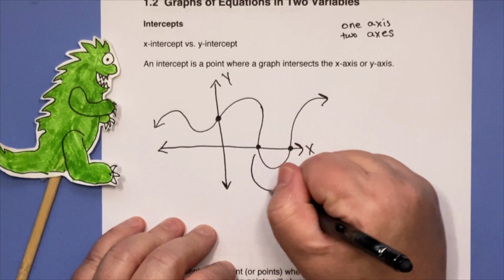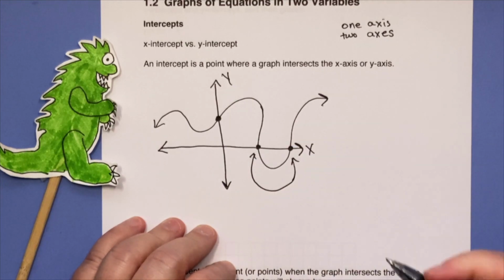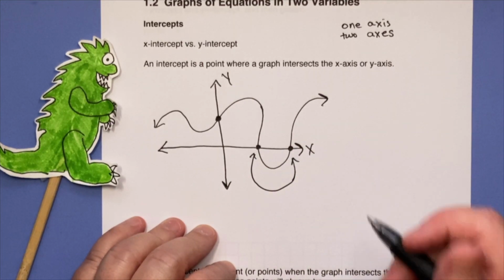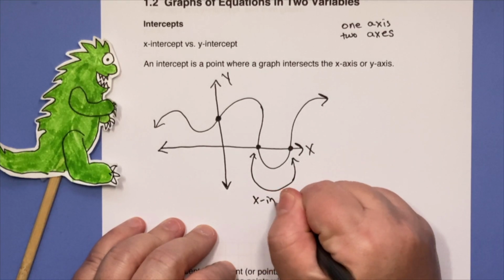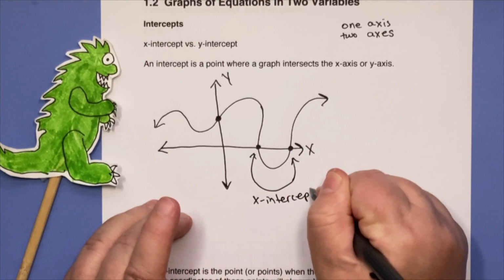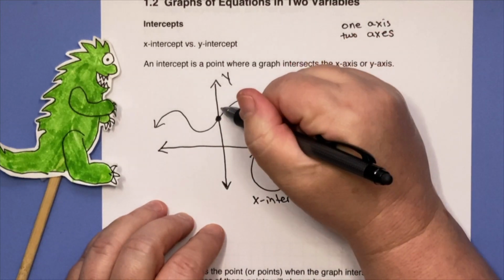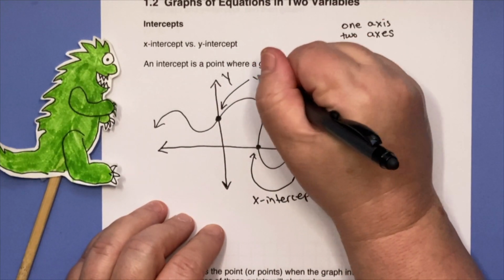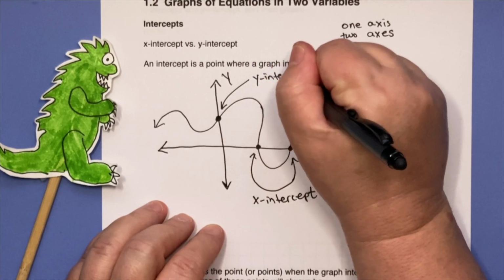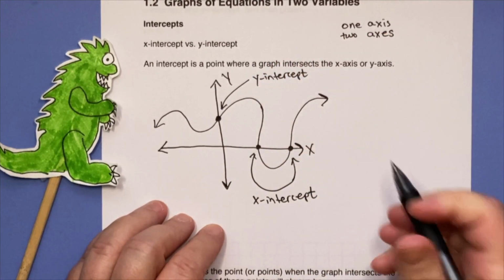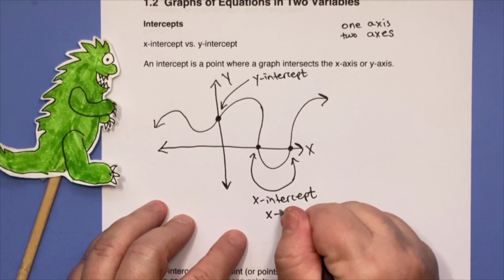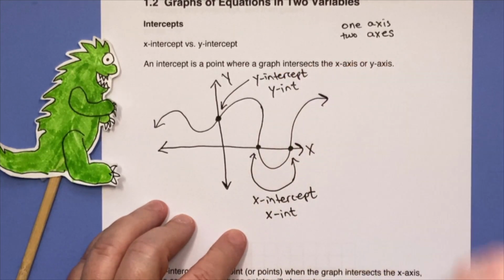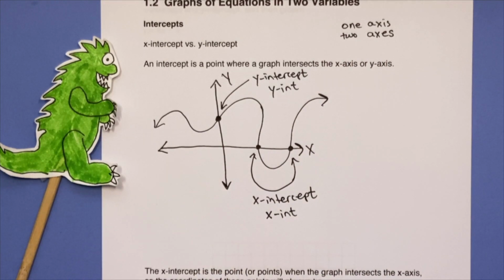These 2 intercepts right there are points on the x-axis, and so that makes it an x-intercept. And this one right here, because it lies on the y-axis, is a y-intercept. And you'll see that a lot of people simply write x-int and y-int for short. So expect to see either of those.